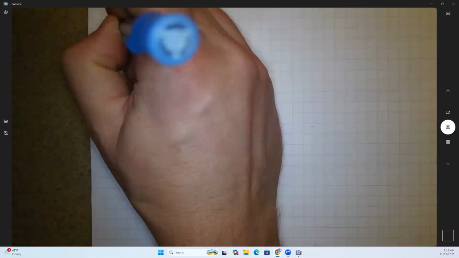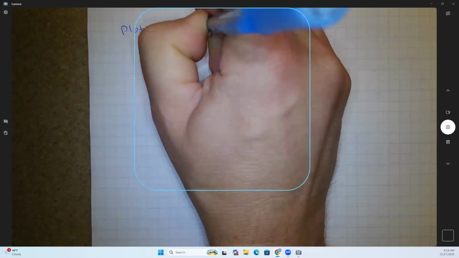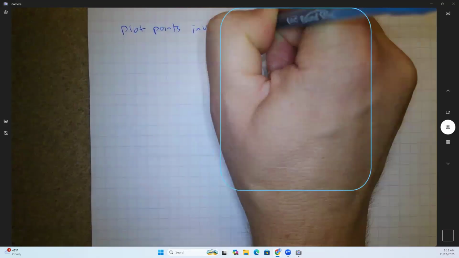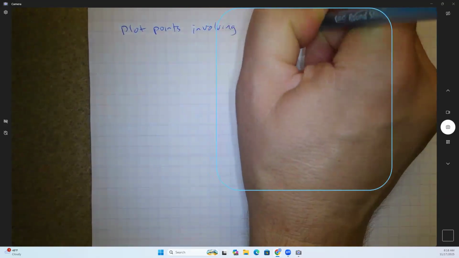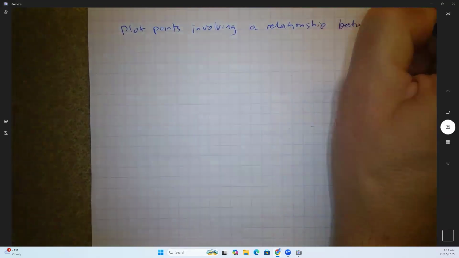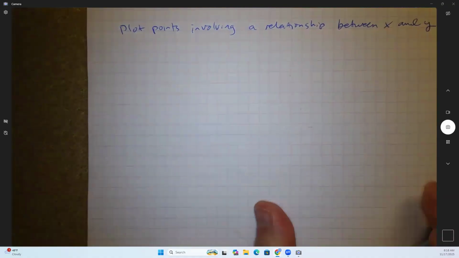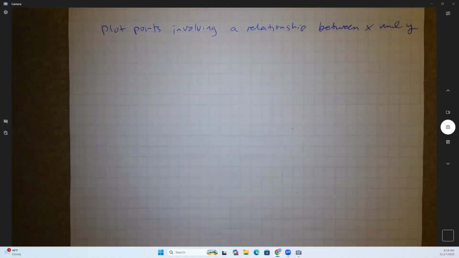So now let's plot some points involving a relationship between X and Y. So far, I just gave you the X and the Y coordinates, and now we're going to have a relationship.